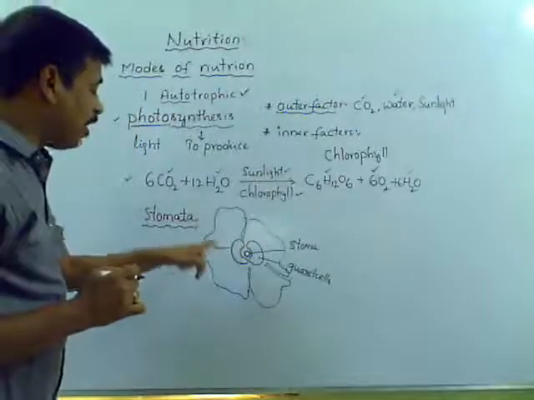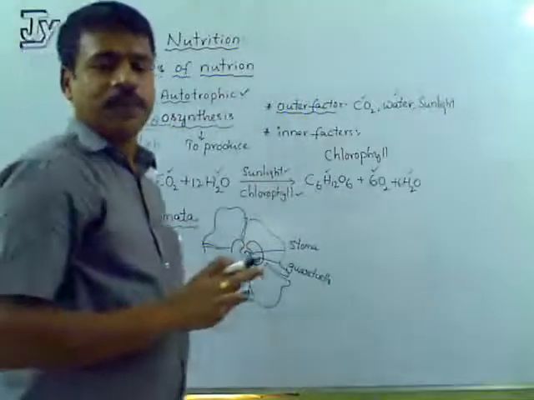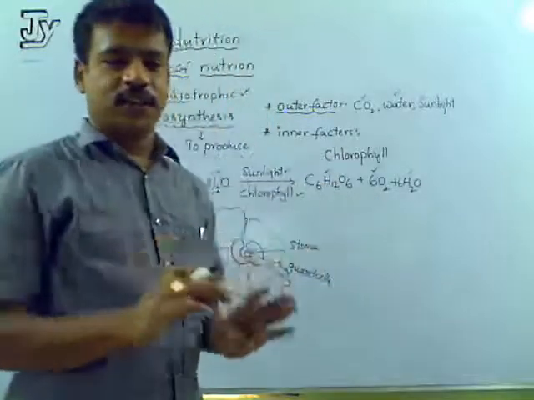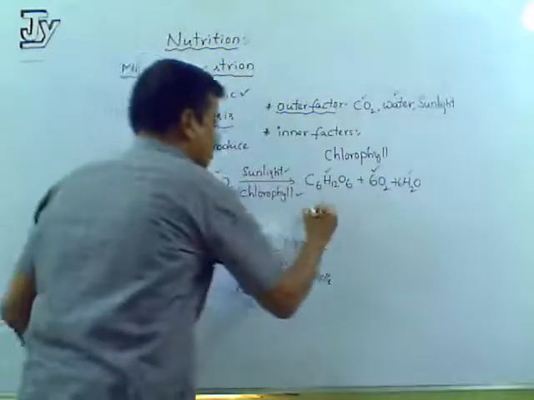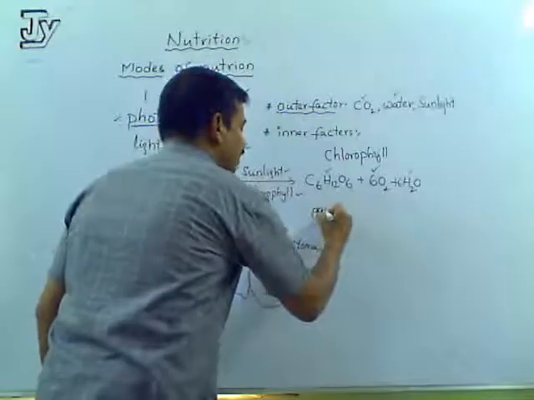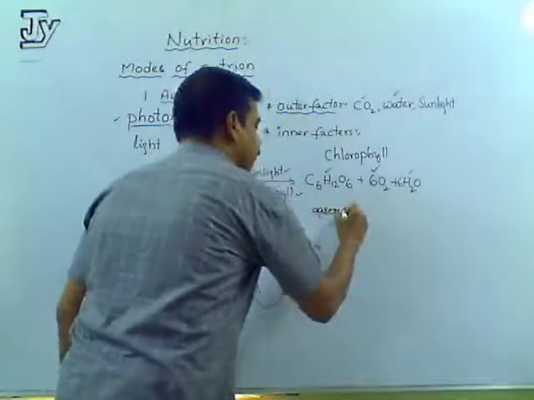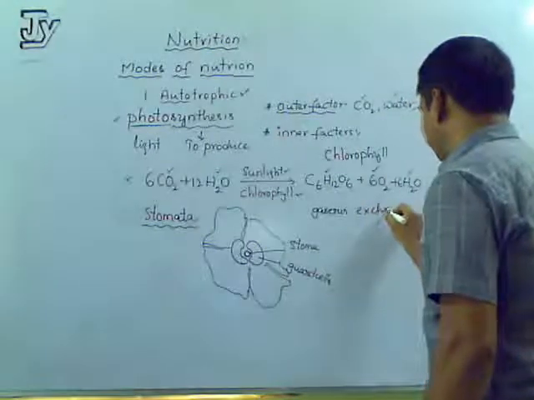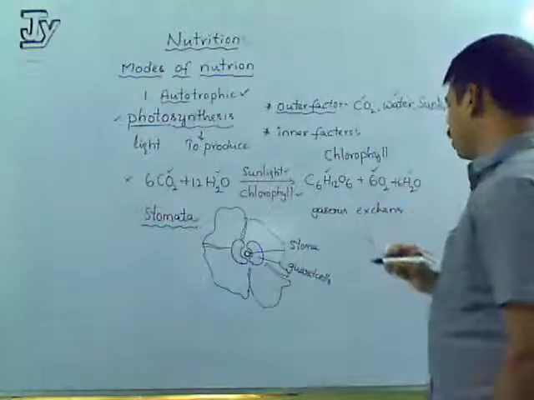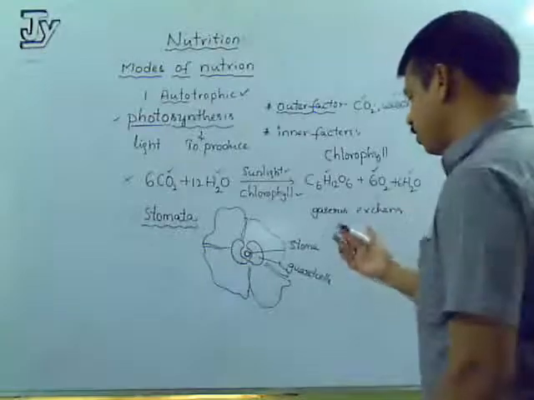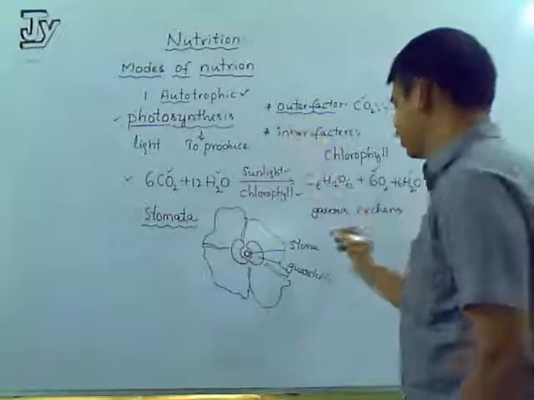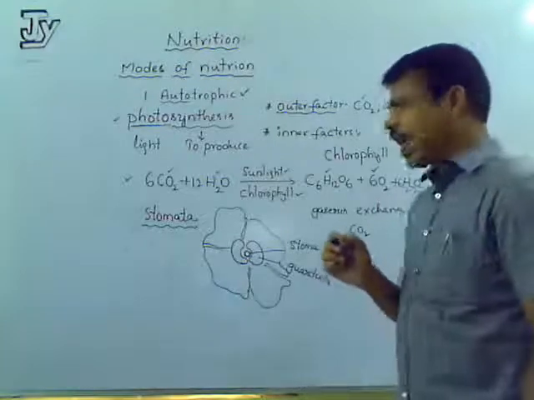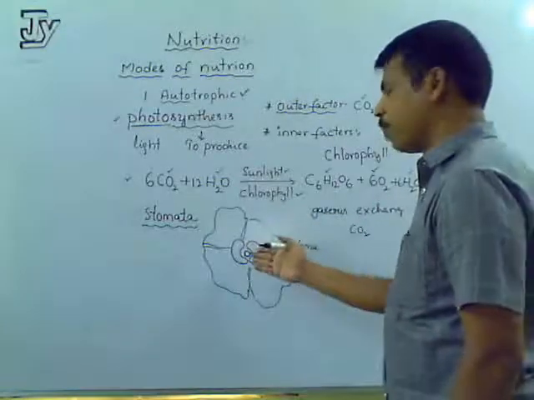What is the importance of stomata? Stomata help in gaseous exchange. What is gaseous exchange? The gas utilized in photosynthesis is carbon dioxide, which enters the green plant through stomata.